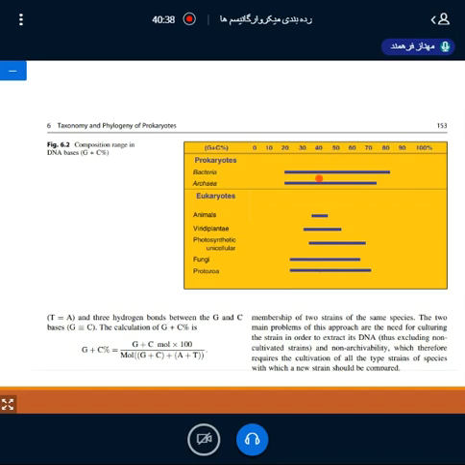So you can see the range of DNA bases in prokaryotes is more than eukaryotes, in animals, and also in eukaryotic microorganisms such as fungi and protozoa. So the prokaryotes are at the top for the most range of composition of DNA bases.